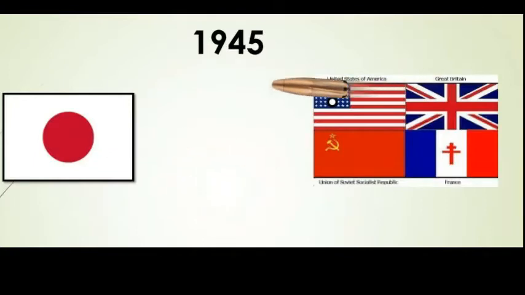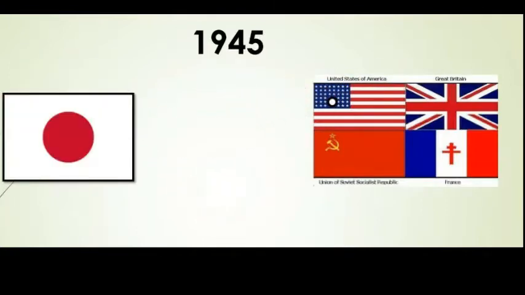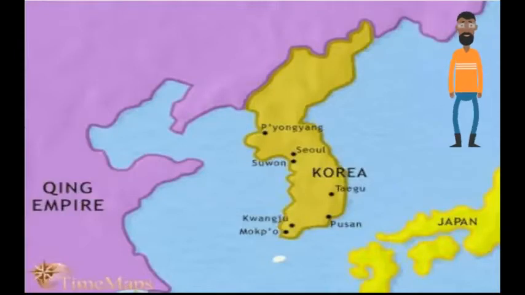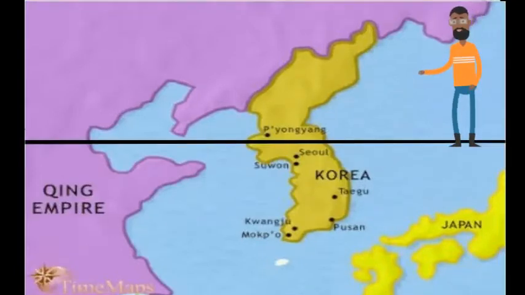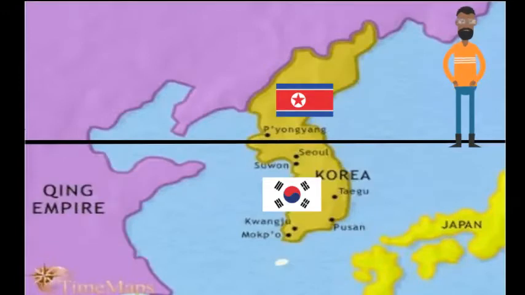Japan lost against the Allies, and then the Allies took Korea from Japan. The Allies then divided Korea into two. In the north, Korea was under the Soviet Union with its communist ideology, and in the south, Korea was under the Allies with capitalist ideology. This then created tension between the two sides.